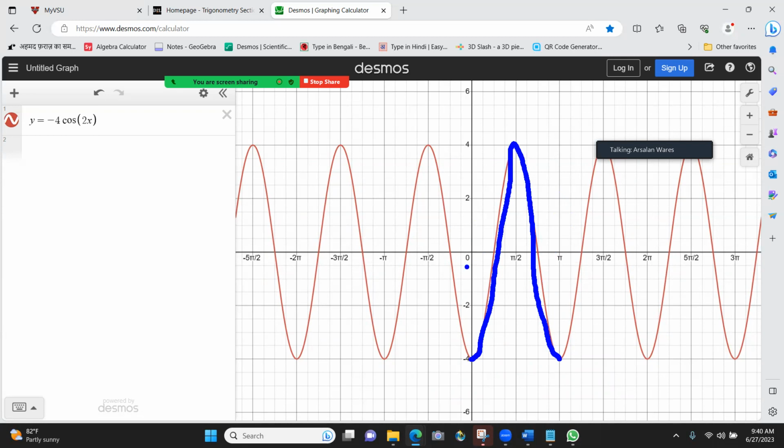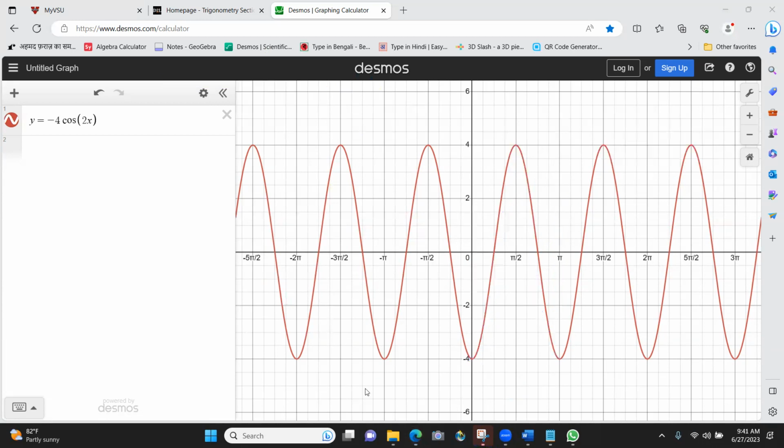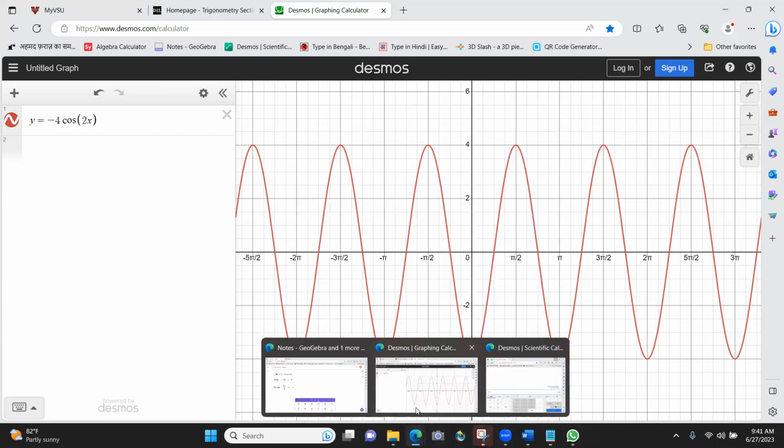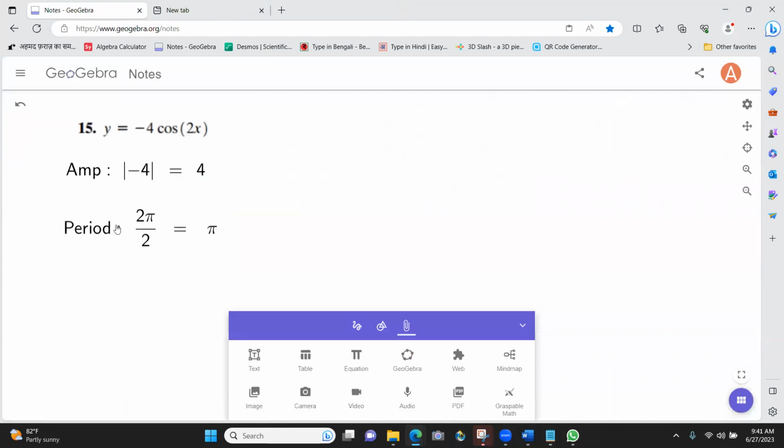Let me do a slightly better job, from here to here. And that's what we got. We got pi for the period. Let's go back. So I don't think we messed up. We got those, so you can easily verify it using your graphing tool.